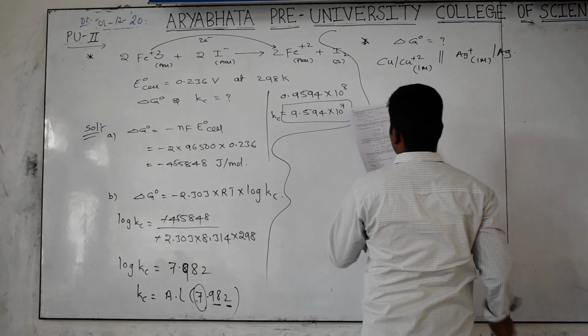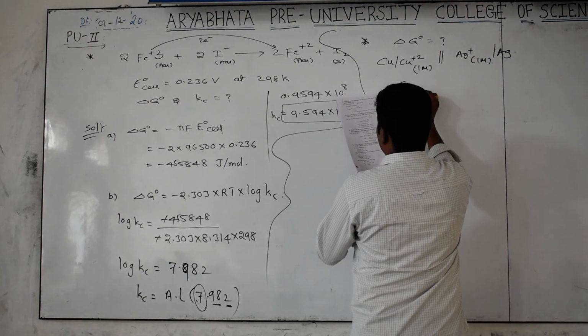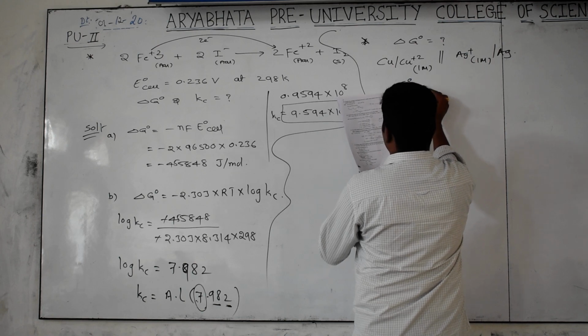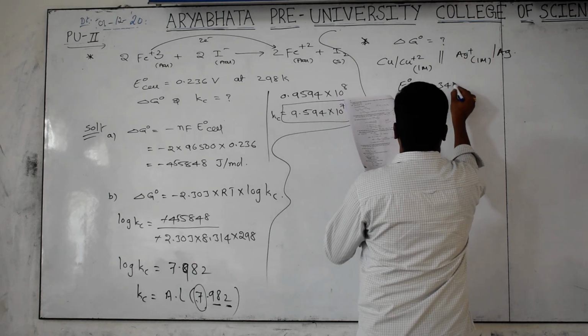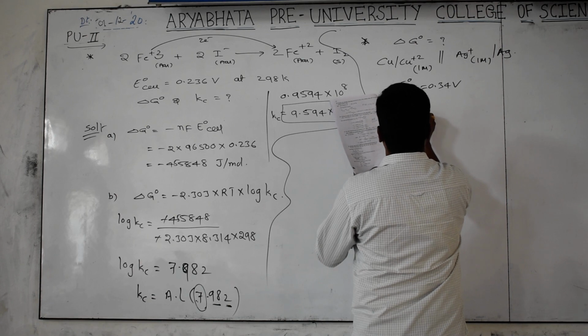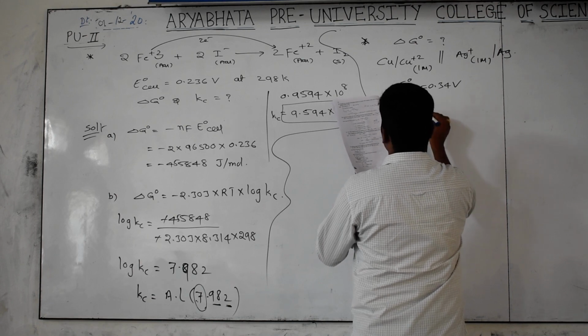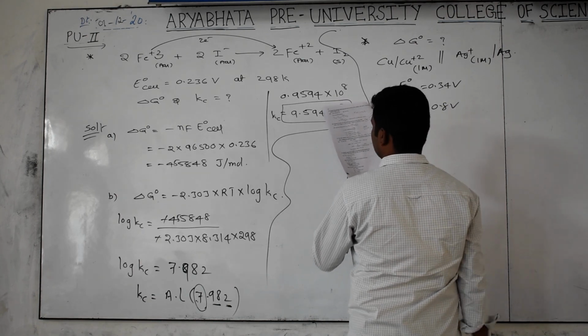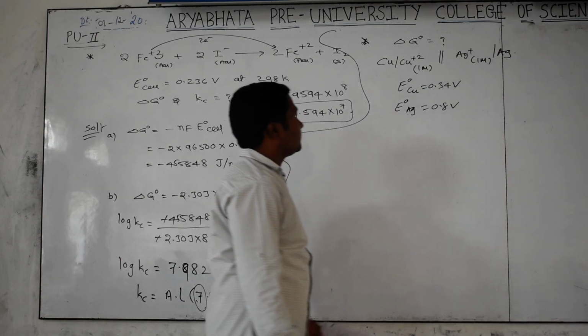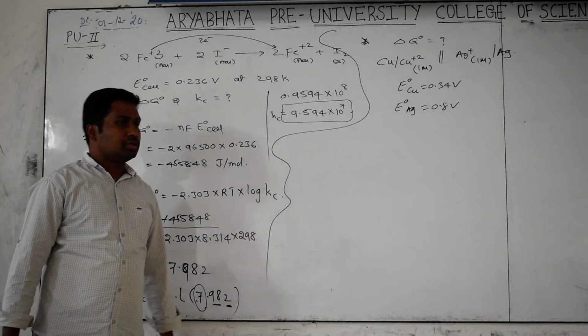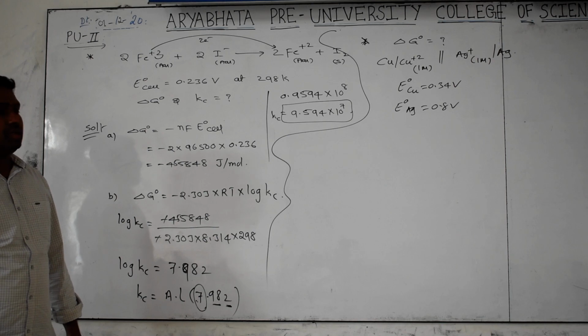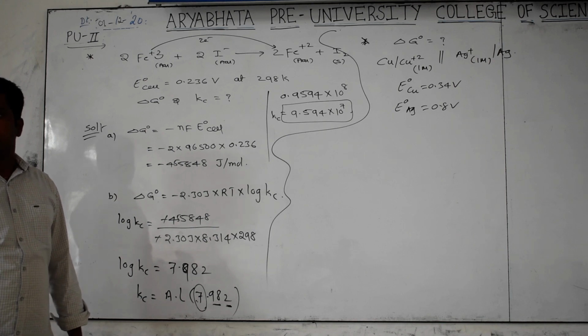The standard electrode potential of copper is given as 0.34 volts. Even if it isn't given, we know that one. Silver also we know, 0.8 volts. That's it. The standard free energy change is what is asked. Very simple.